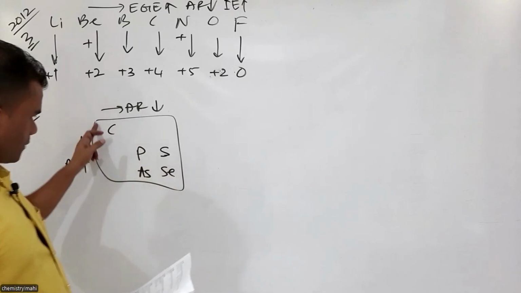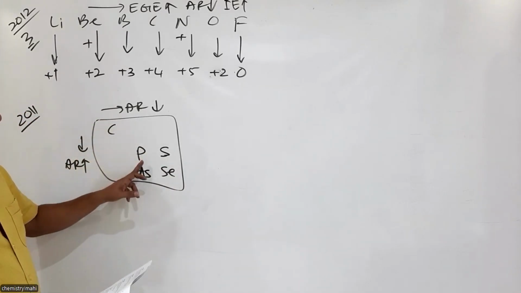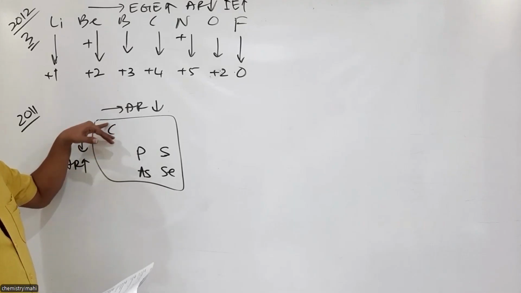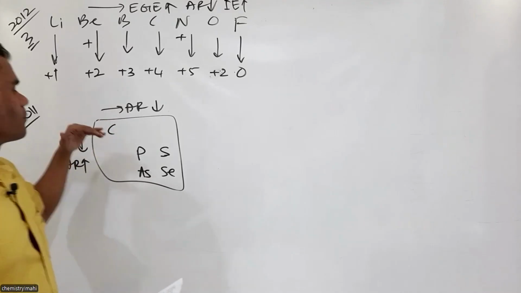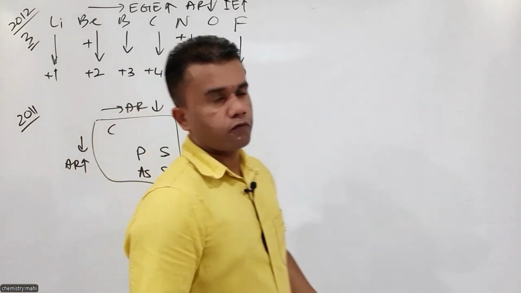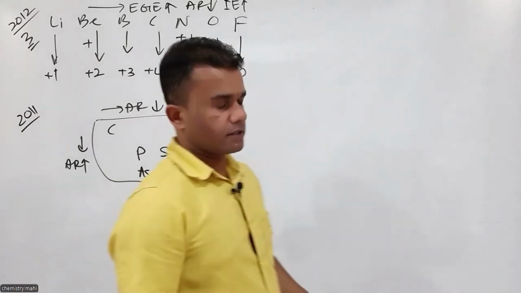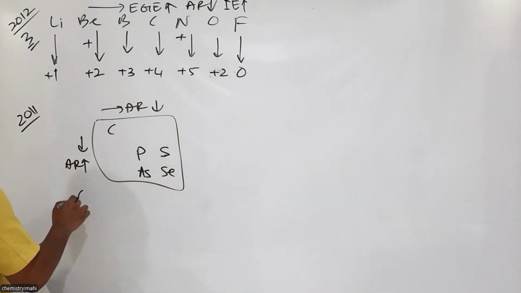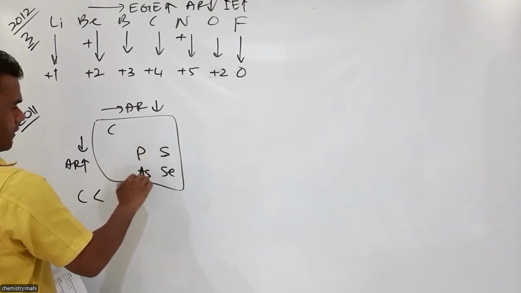But the thing is this: these are groups 15 and 16 in the third and fourth periods. This is group 14, second period. Second period should be small. But out of these, we can arrange them like that.